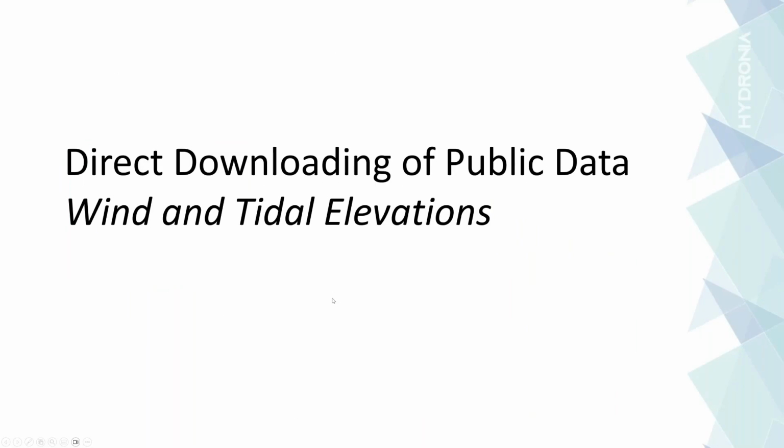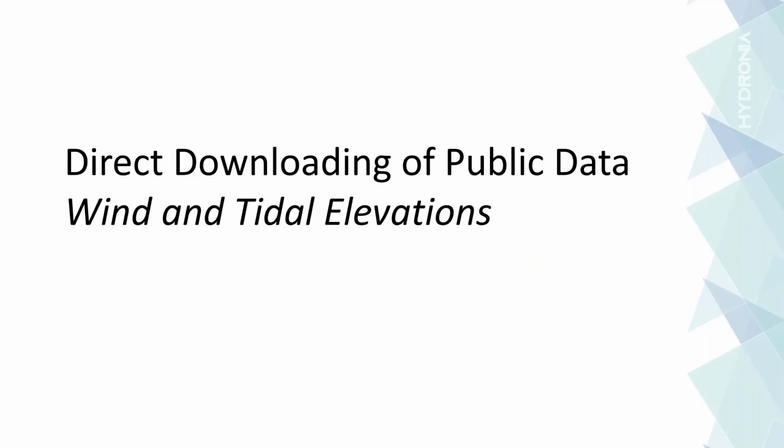One feature that will also be very useful, I think, for many users is the direct downloading of public data. This is something that we are starting now only for wind and tidal elevations, where we plan on extending that to elevation data and other information that may be public anywhere in the world.